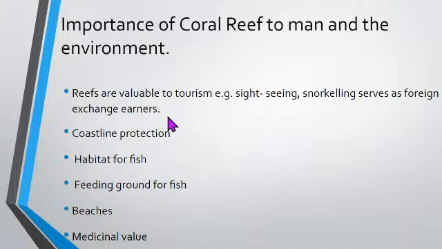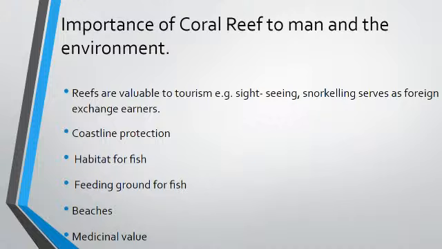The other one is that the coral reef offers protection to the coastline. So when you have the coral reef further out in the ocean, remember when we were looking at the features of deposition and we saw the bar that was parallel to the coastline, just from looking at it, you would realize that the waves would already break on the bar before they get to the coast.